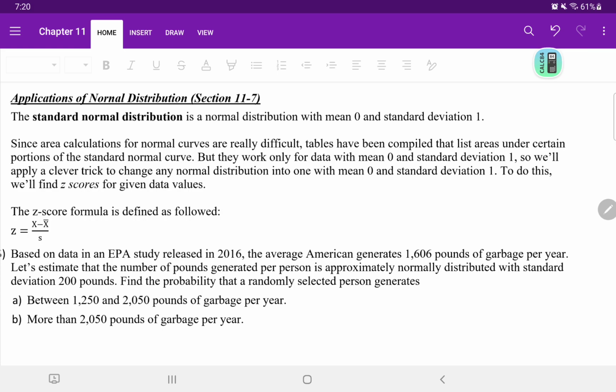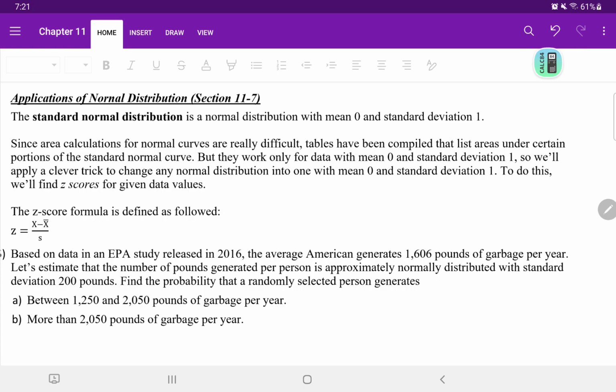So when we have raw data, we're going to use a clever trick to change any normal distribution to one with a mean of 0 and a standard deviation of 1.